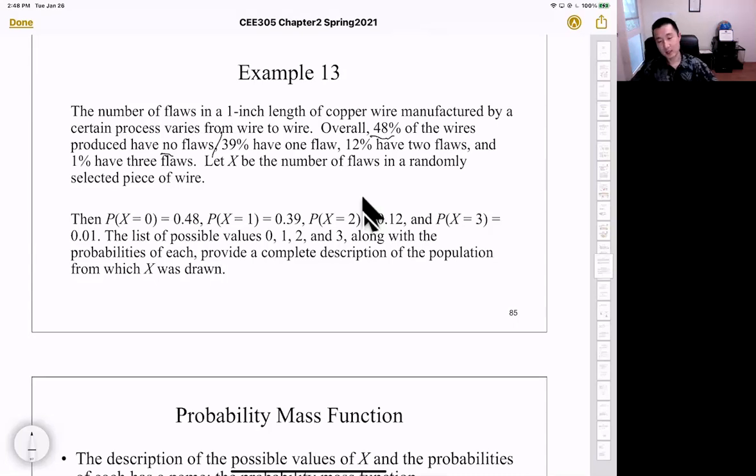So let's define X as the number of flaws in a randomly chosen piece of wire. P(X = 0), the probability that the number of flaws is 0, is 48% based on the question. P(X = 1) is 39%, 12% for P(X = 2), and 1% for P(X = 3).